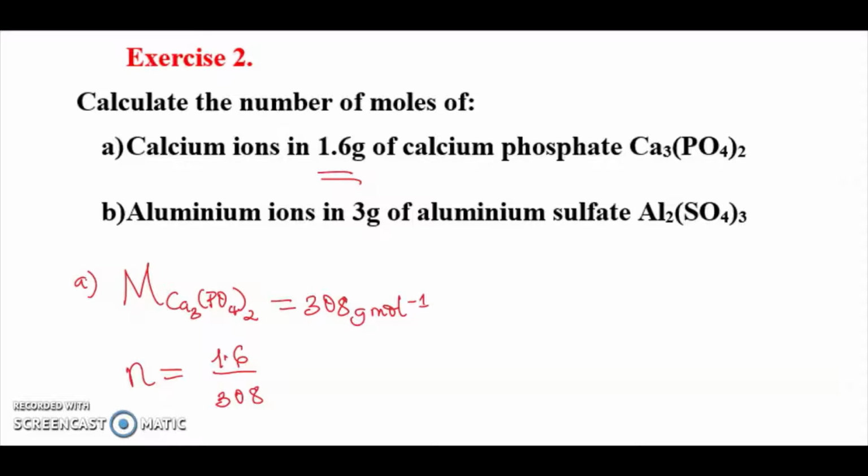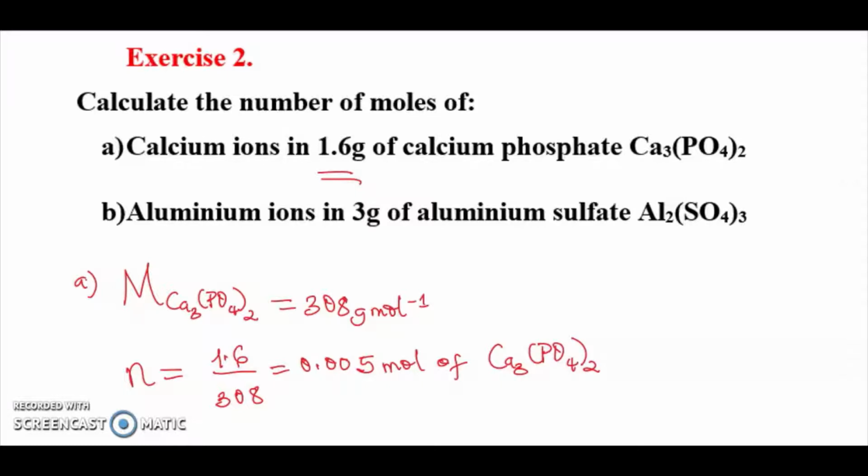So what do we have here? We have 0.005 mole of calcium phosphate.